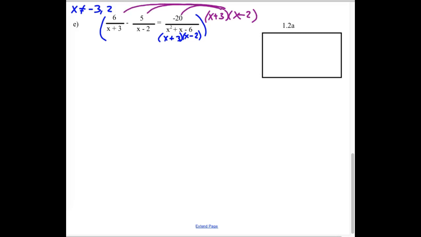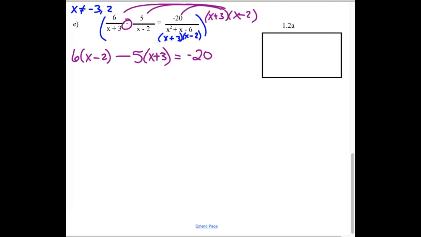For the first one, the x plus 3's will drop out. We get 6 times x minus 2. Watch that we're subtracting here. In our second fraction, the x minus 2's drop out. We have a 5 and an x plus 3 left over. And in the third fraction, all of that denominator drops out. We just have the negative 20. Everybody with me so far?